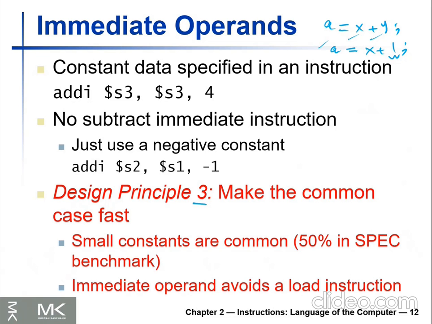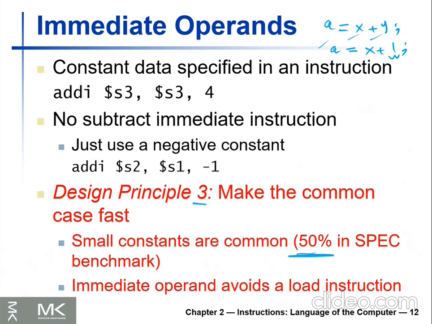Small constants are very common, as I said. They appear 50%, for example, in the SPEC benchmark. SPEC is a set of programs that we use to check the speed of processors. When we translate SPEC, we find that half of the time, immediate operands are used.